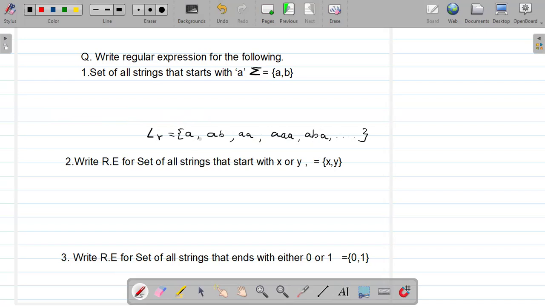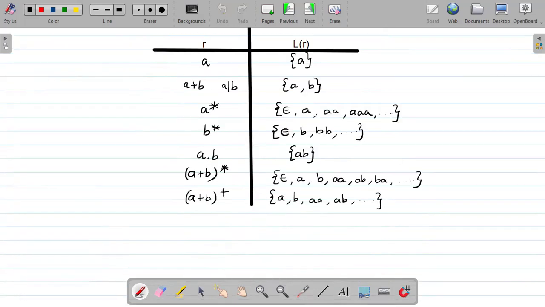So this language consists of strings starting with A, and then you can have any combination of A's and B's. So if you remember, we had seen in the definition, any combination of A's and B's is given by A plus B the whole star. So this we will be using in our regular expression along with operations like union and concatenation.